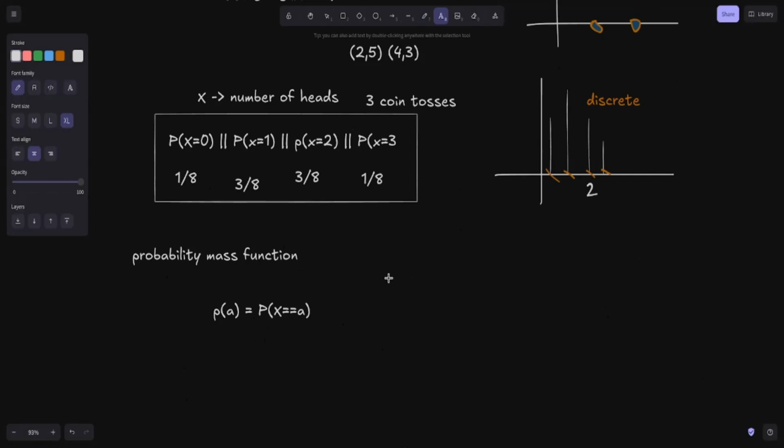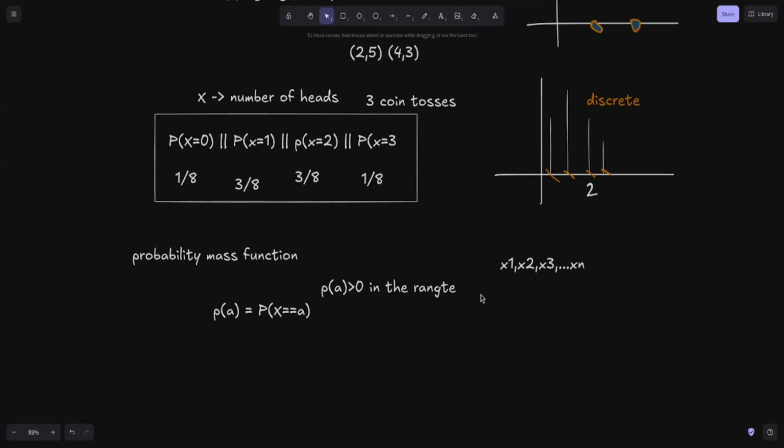Now logically, every probability must satisfy a few things. All probabilities must be greater than or equal to 0, and only in the range. Let's say my range is x1, x2, x3 till xn.